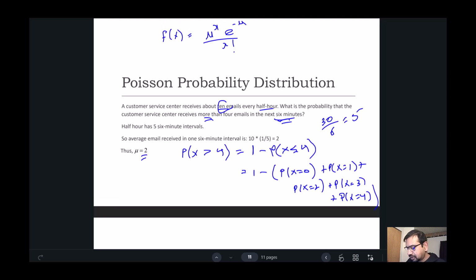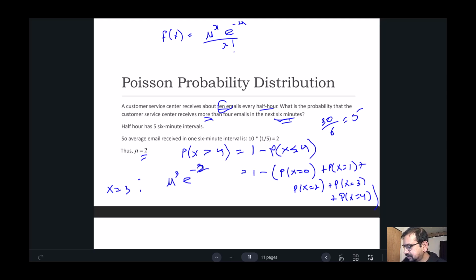Seems like a tall order, but again, each calculation will be done individually. So for example, if my x was 3, I would plug this into my formula. It says mu to the power 3, e to the power minus 2, because our rate is 2.